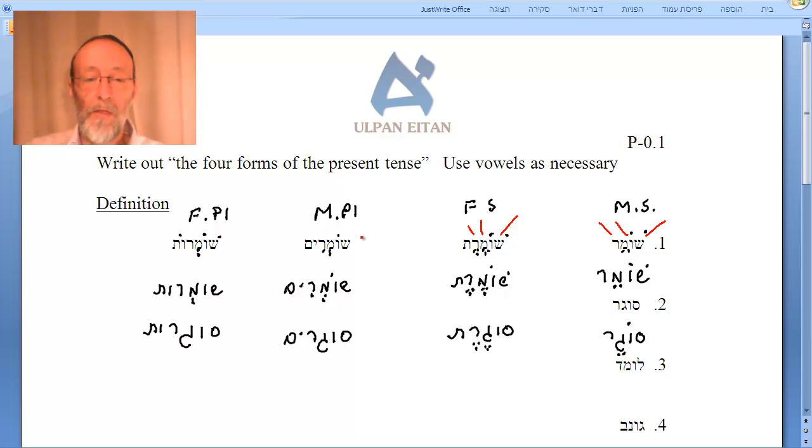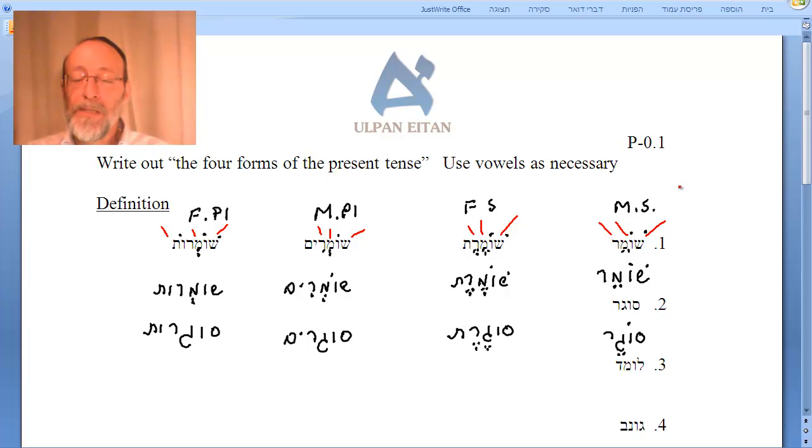And again, shin, mem, resh. What makes this pattern, one of the factors that makes this pattern the granddaddy of all Hebrew verbs, and my methodology of teaching, is the fact that the 3 root letters are maintained in every single form.